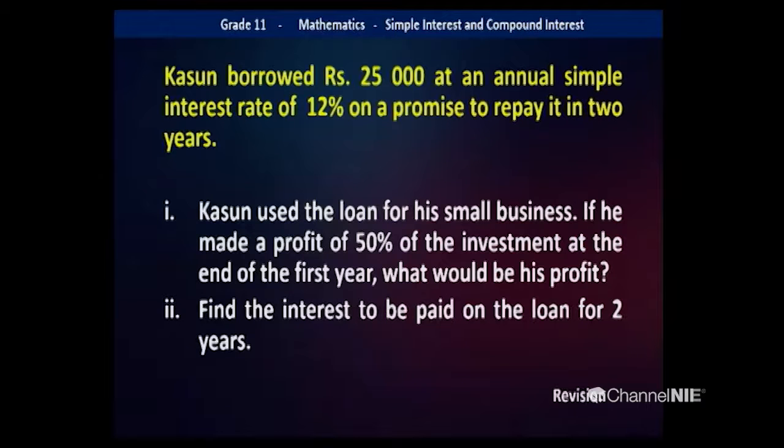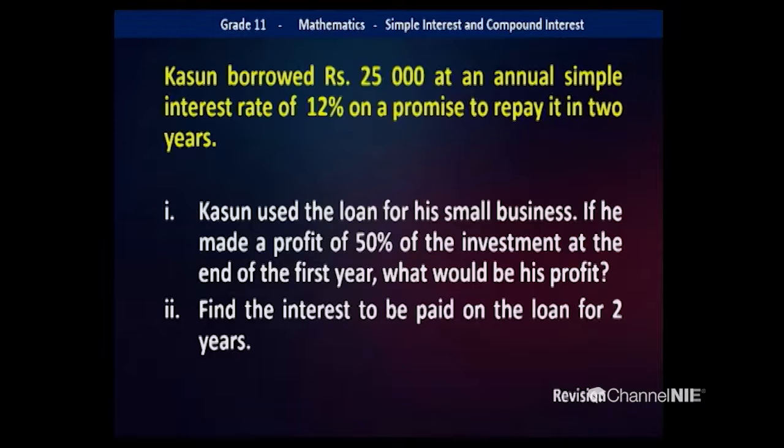See, this person's loan should be paid in 2 years with a certain interest. Then Kasun used the loan for his small business.